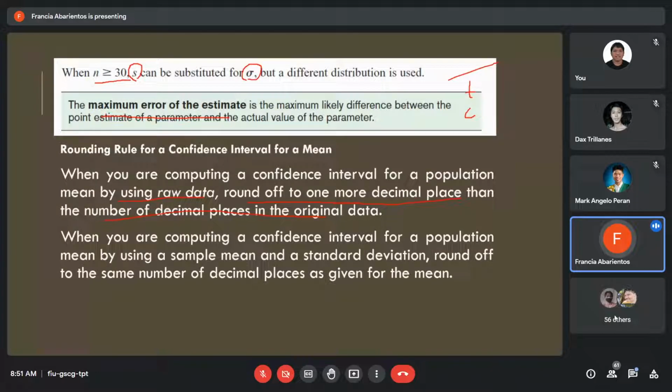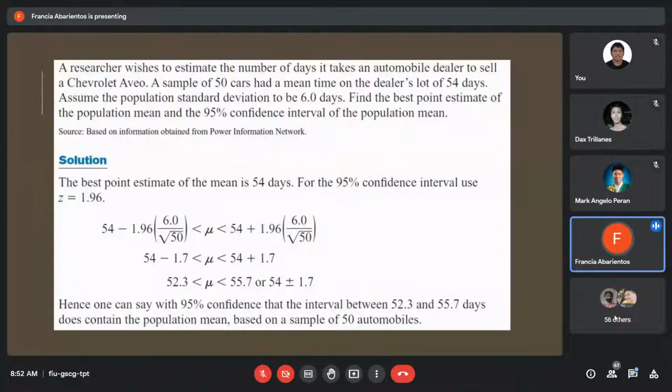And comparing that, when using a sample mean and a standard deviation, we round off to the same number of decimal places as given for the mean. Okay? Ito yung tatandaan mo pag pinapakompute sa atin yung confidence interval. Okay, this is now the example for that.